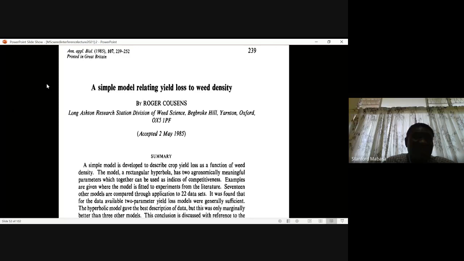Probably you may be interested to read this paper, a simple model relating yield loss to weed density by Roger Cousens. Now, this model was derived using the additive experiment, like the one which I was trying to explain.